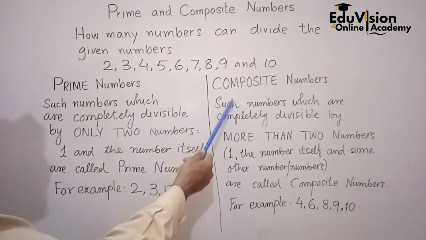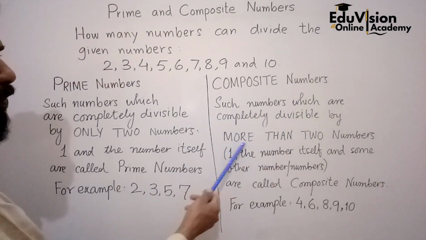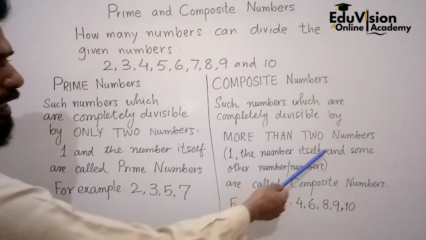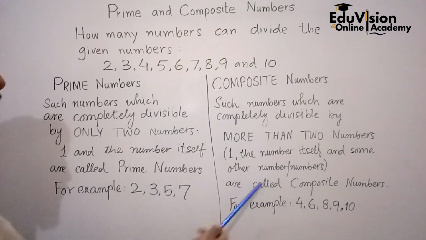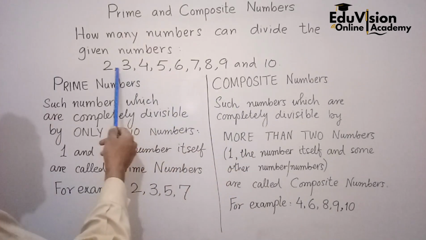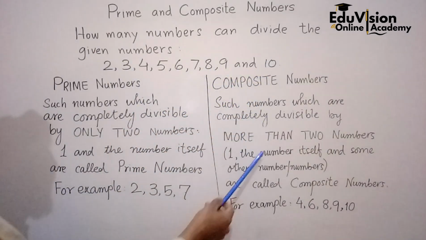On the other hand, such numbers which are completely divisible by more than two numbers, that is 1, the number itself, and some other number or numbers, are called composite numbers. For example, 4, 6, 8, 9, 10. Here 4, 6, 8, 9 and 10 are composite numbers.